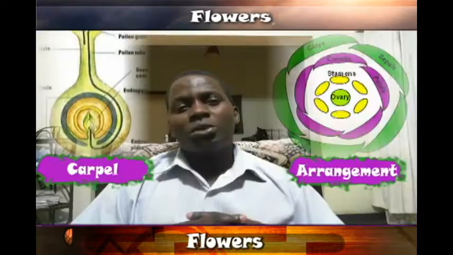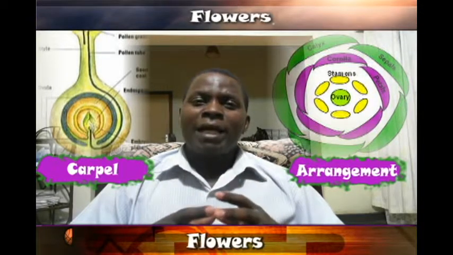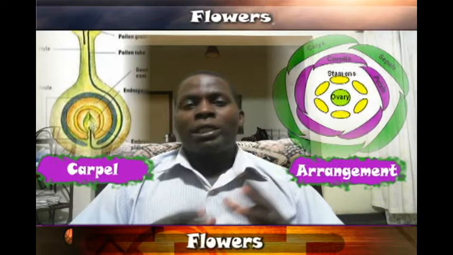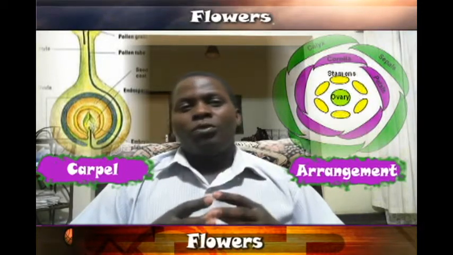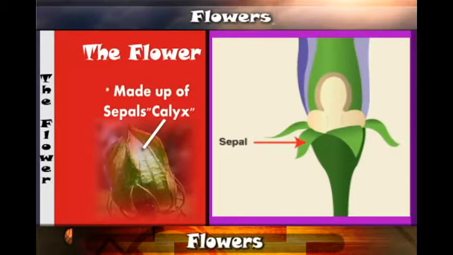So we have looked at the different parts of the flower, and we have seen their major functions and what they are made of. We looked at the calyx, which we say is made up of sepals, and during the early stages, when the flower is still in the bud stage, it is the calyx that protects the flower.